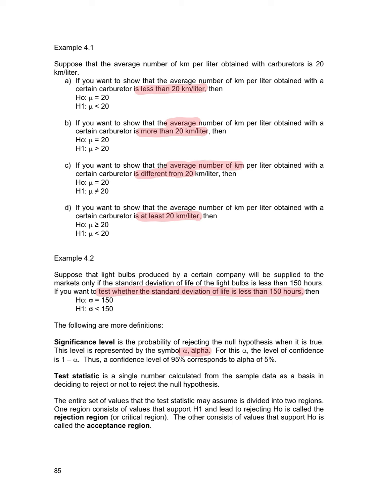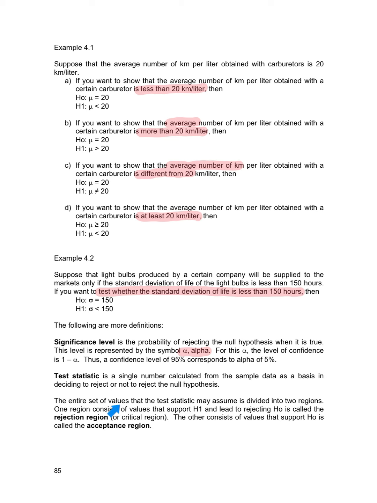For the test statistic, we want to calculate a single number from the data that we have. We will compare that value with the critical value to decide either to accept or reject the null hypothesis statement that we made earlier.